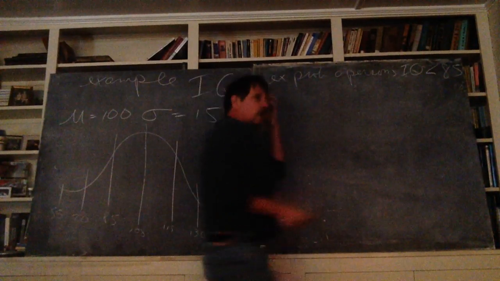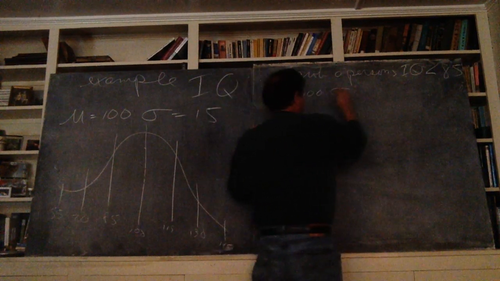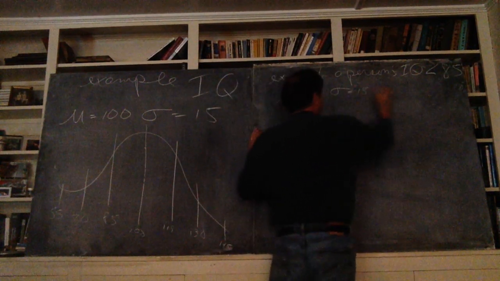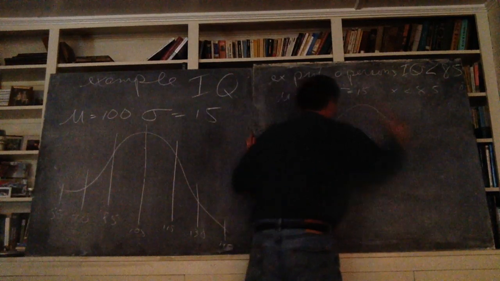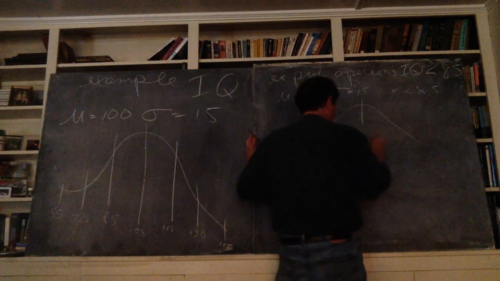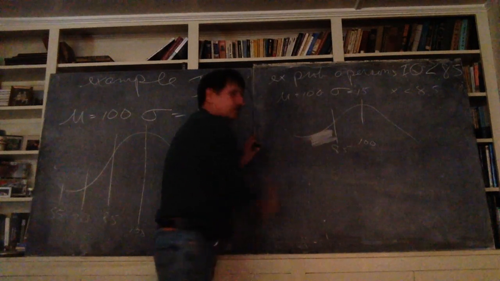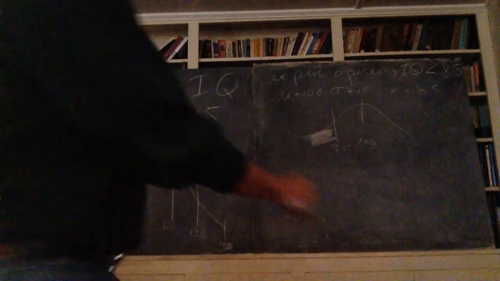Okay, so identify: the mean is 100, the standard deviation is 15, X is less than 85. So the picture, here's 85, here's the mean. Less than is right there. Right now you know it's less than 50%. Right now you know which table to look at.